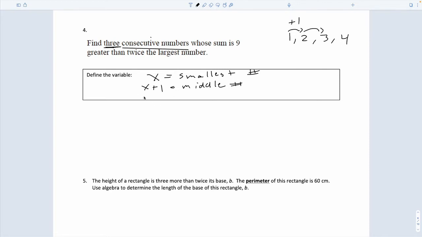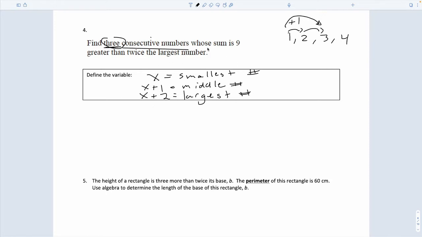And then the third number, since there are 3, would be what? Jillian? To go from 1 to 3, what do we add to x? 2. Yeah, so this is x plus 2. That's the largest number. So there's your variable. On the test, I need to see all 3 defined for me.